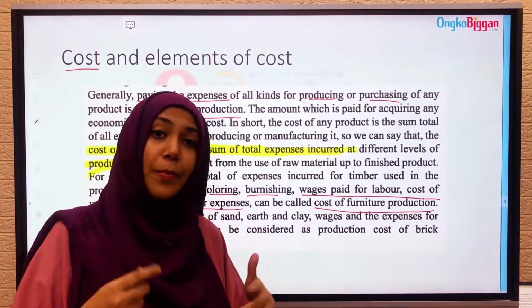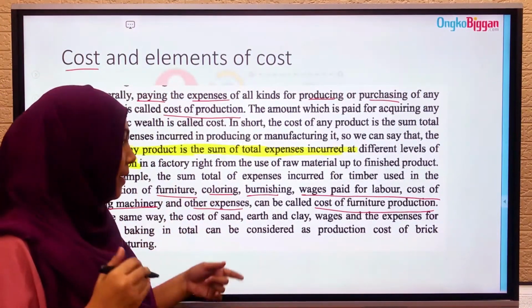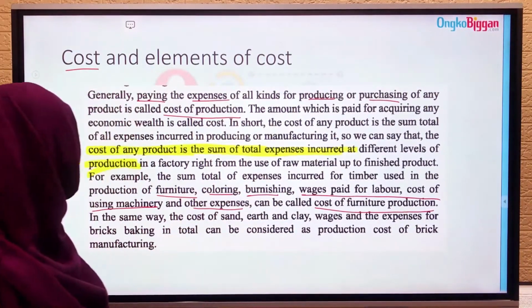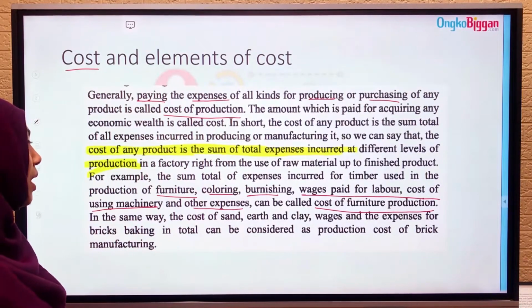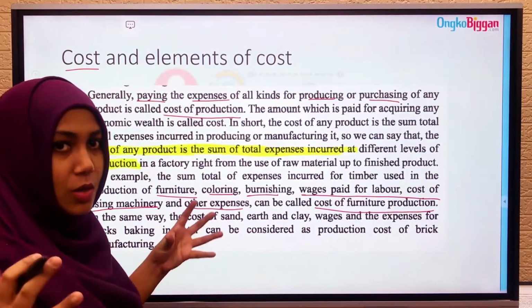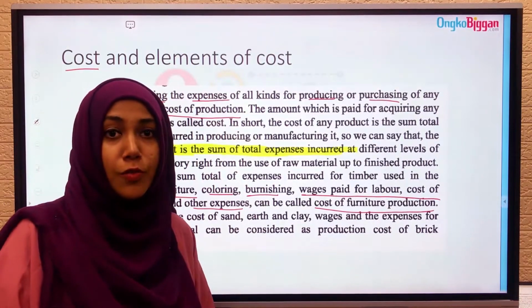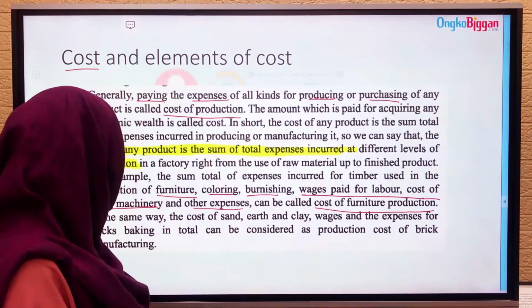But if I produce the furniture, then timber, coloring, varnishing, wages for the people doing those things, cost of using machinery and other expenses, totally they call cost of furniture products, cost of goods.